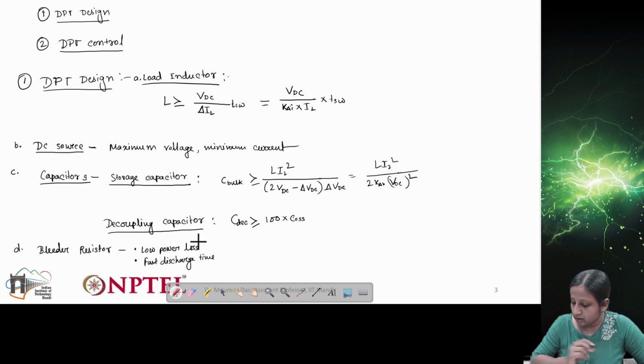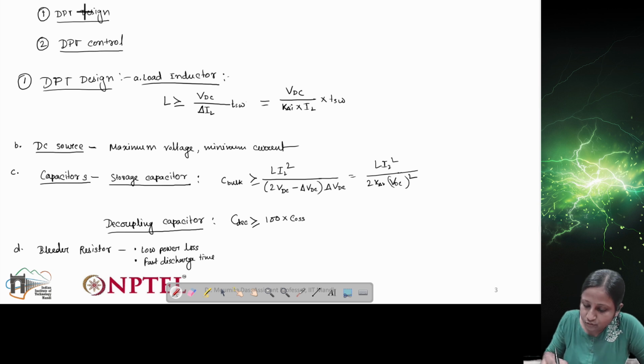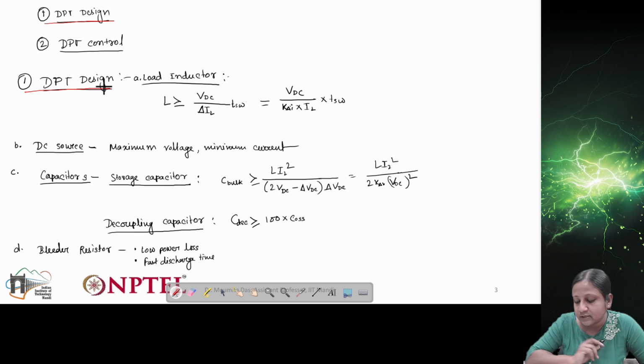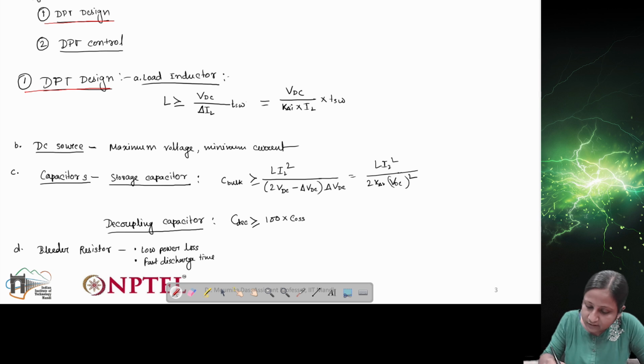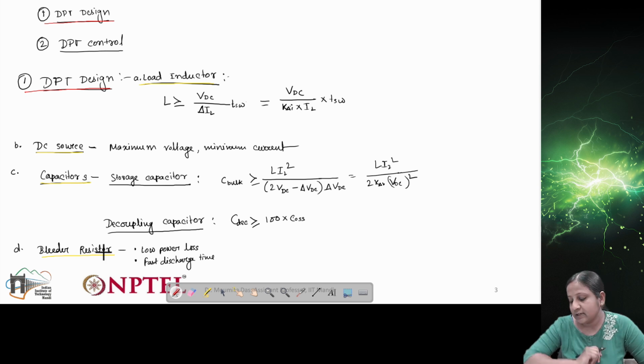Okay. Now these are related to the DPT design. So the first thing is the DPT design. Under this DPT design, we have to consider four different components, which we have calculated here: the load inductor, DC source, capacitors and bleeder resistor.